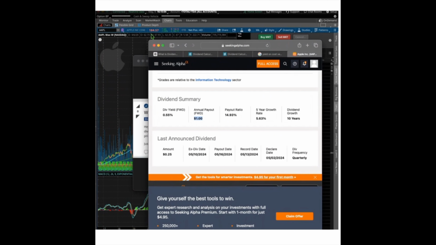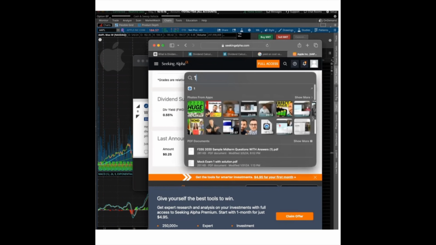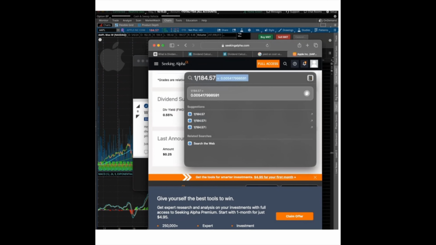So in order to calculate this dividend yield, I'm sure you guys probably know, we take that $1 divided by that $184.57, and we can do it times 100 so it looks prettier. And there we have it, guys. That 55 basis points, that 0.55%, is how dividend yield is calculated.